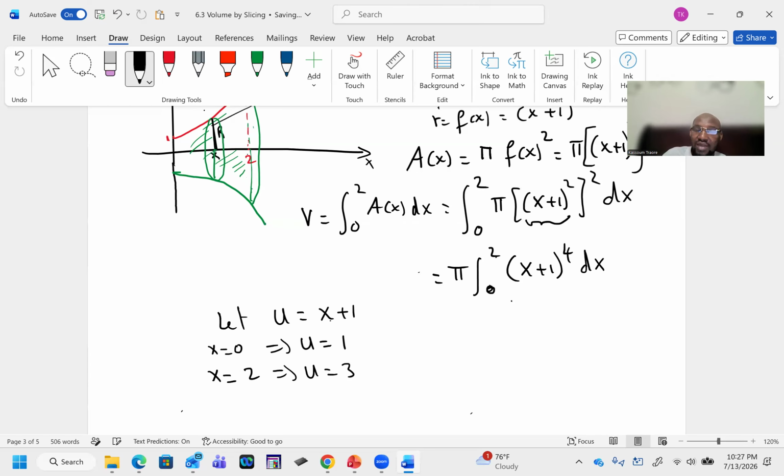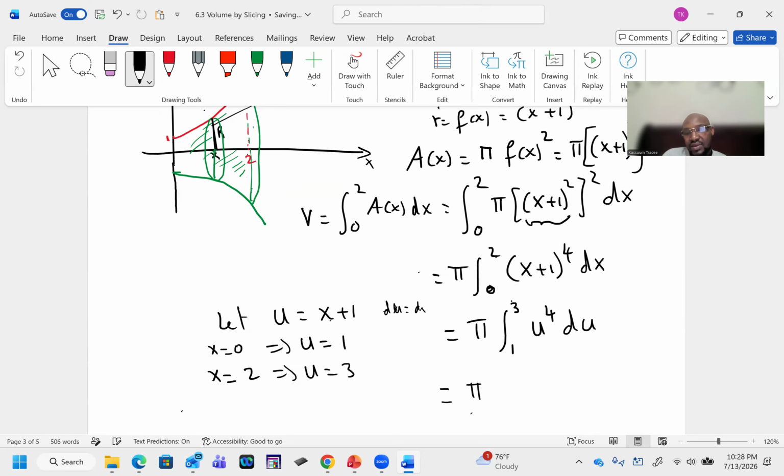So this same integration, if I use substitution, it will be pi times the integral from 1 to 3 of u to the power of 4 du, because if u is x plus 1, that means du would be equal to dx, right? So by integrating this one, this will give us what?